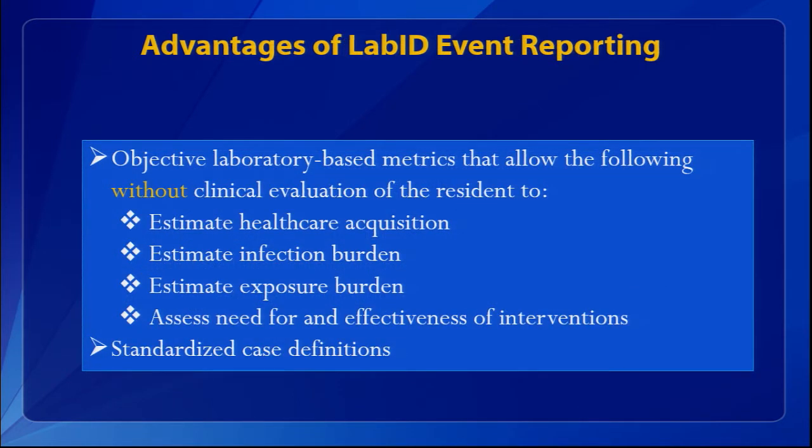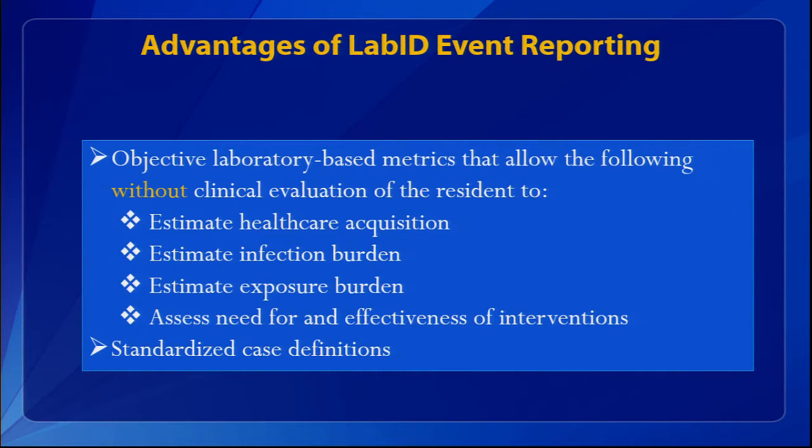There are many advantages to LabID event surveillance. This type of surveillance enables users to easily apply objective surveillance definitions to estimate healthcare acquisition, infection, and exposure burden within our facilities. Participating in LabID event reporting also guides the implementation of interventions, as I just discussed. And it allows your facilities to easily monitor those interventions.